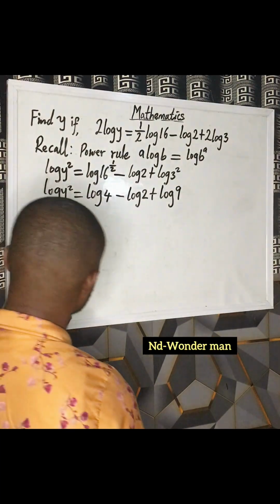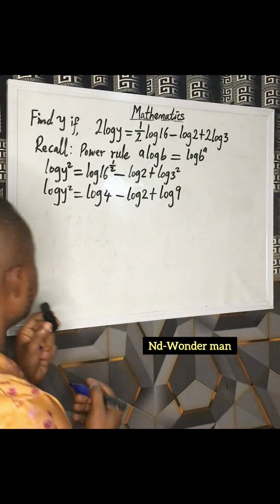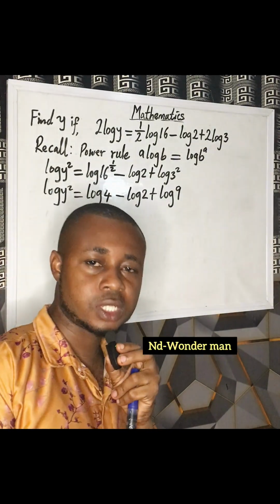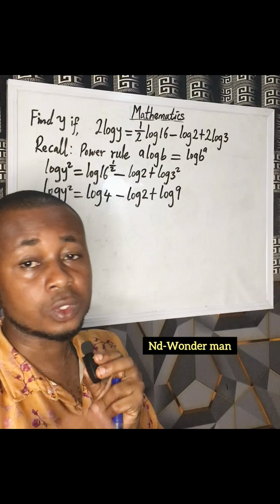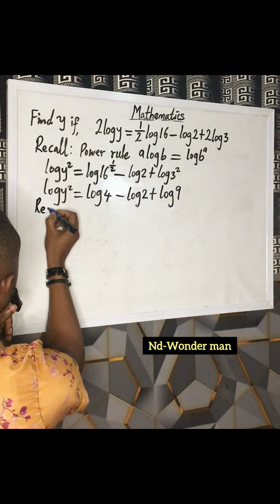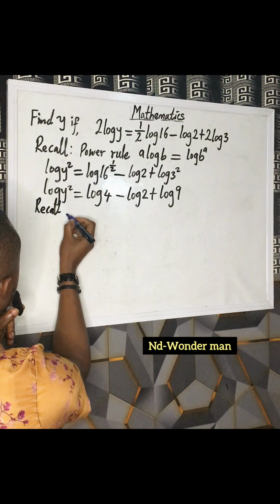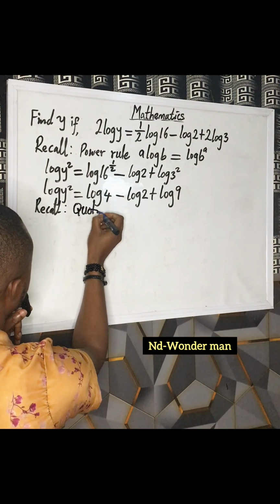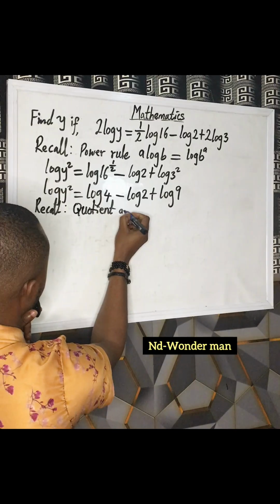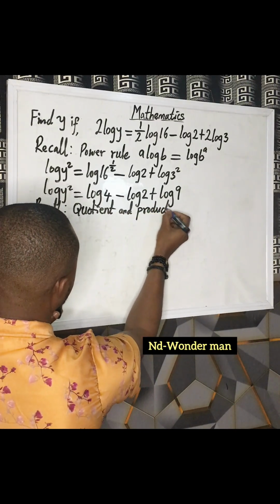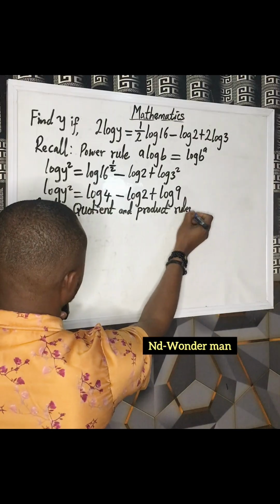What else do we need at this point? Then we need to think of the quotient and product rule. In quotient rule, first of all, let me recall quotient and product rule.